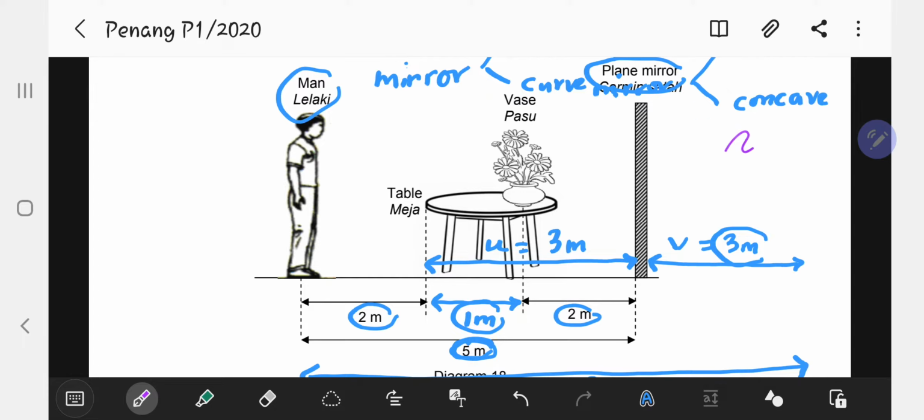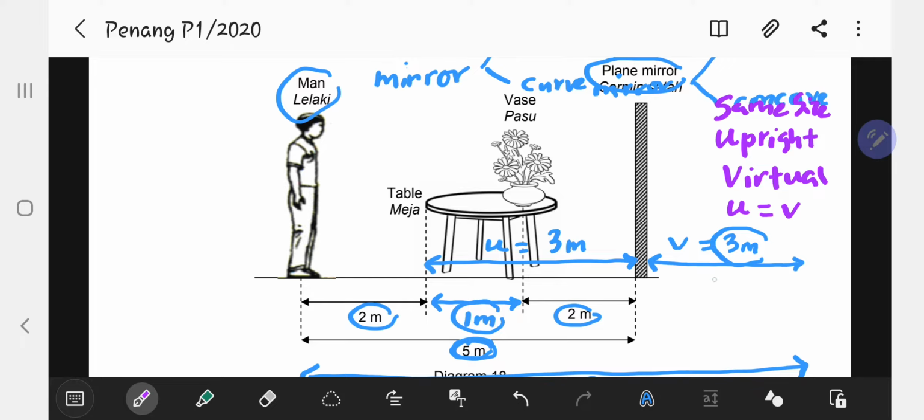For the plane mirror, number one is virtual, and then the image will be upright, tegak. Then the size of the image will be the same, so I put here same size. Another extra characteristic is that the object distance will be the same as the image distance.